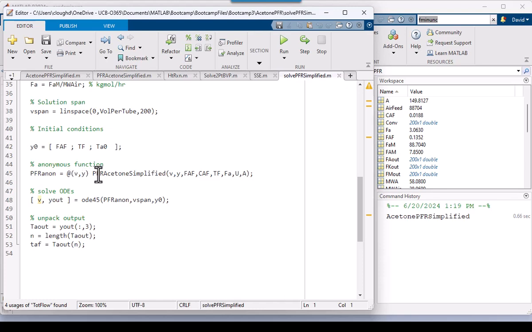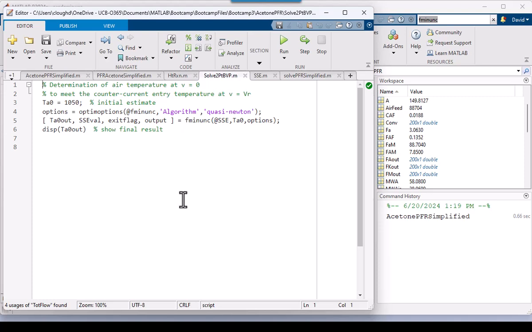It's integrating the model from PFR acetone simplified in order to get the results that we need, all right? And so if we come back to the solve two-point boundary value problem, and that is our main script, and we ask that to be run, it's run, all right?